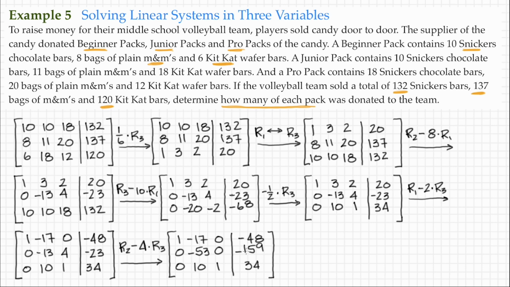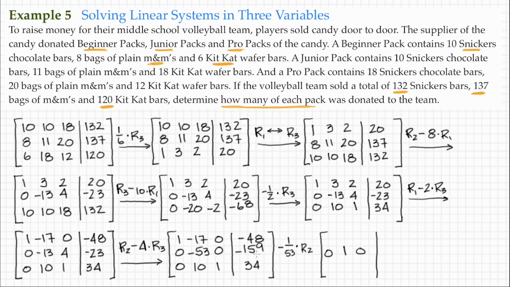So if we multiply this row by negative 1 over 53, or negative 1/53 times row 2, then this will be 0, negative 53 times negative 1/53, that's 1. That's the whole idea. This winds up being 0. Bring down our vertical bar.